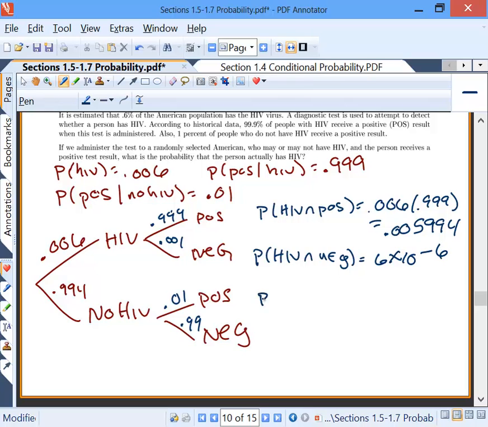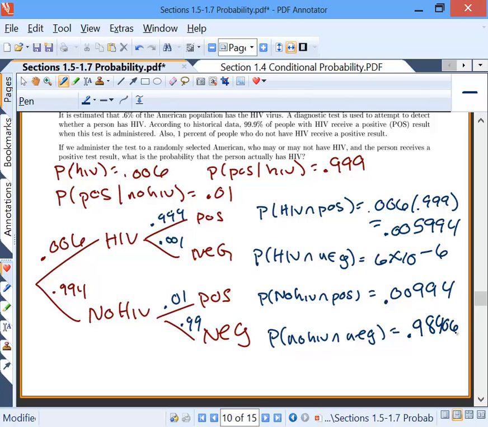Then the probability of no HIV and positive is 0.00994, and the probability of no HIV and negative is 0.98406.